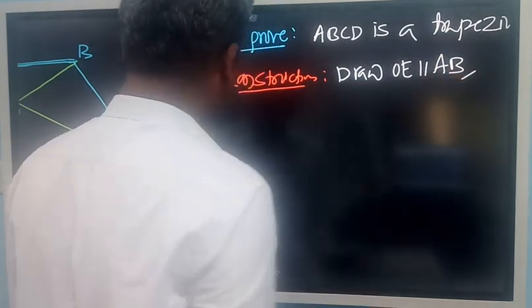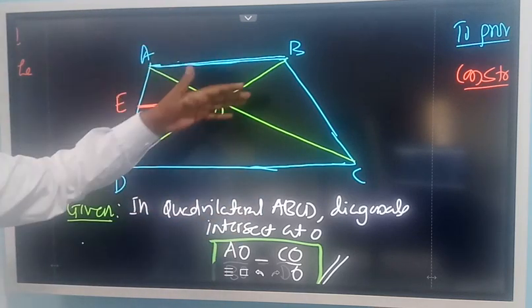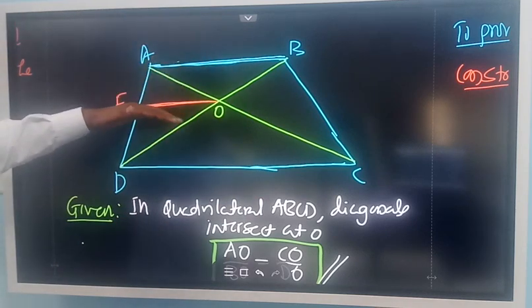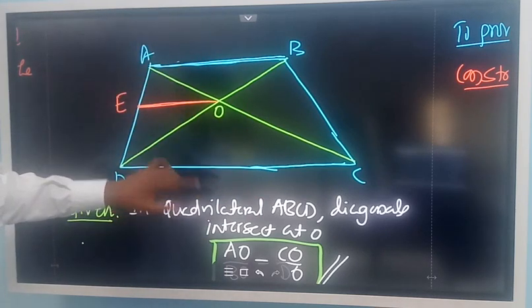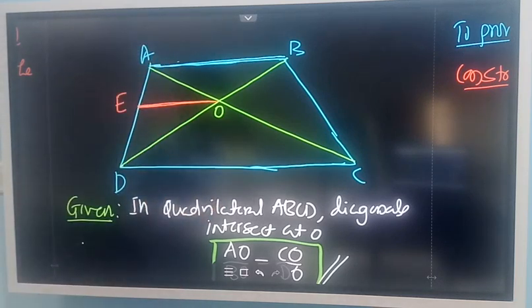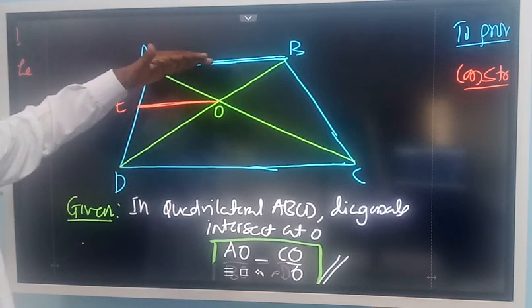So I can do it only for one side, not for both the sides, because it is only a quadrilateral, not a trapezium. We have to show that it is a trapezium. I don't know whether AB and CD are parallel or not, but since it is a quadrilateral, I can draw either to this or to this one. I have written OE parallel to AB only, not to DC. So it is a construction that I can draw only to AB.